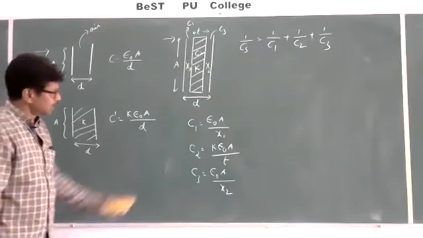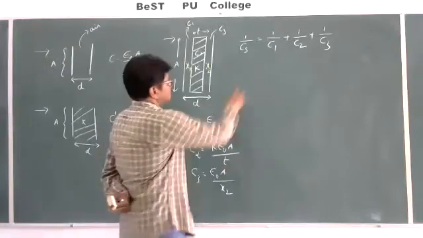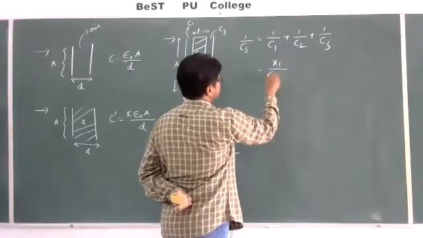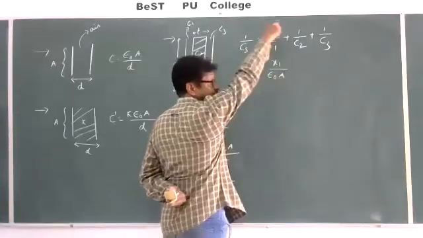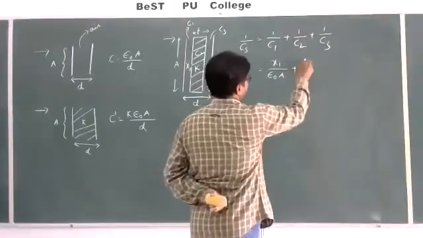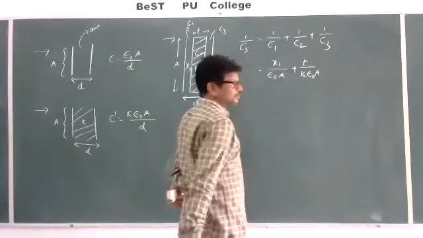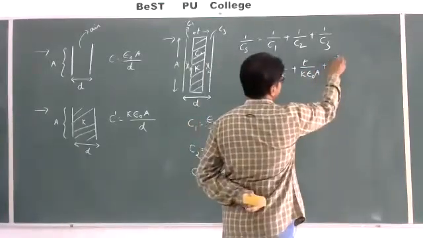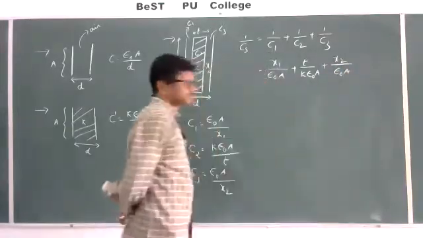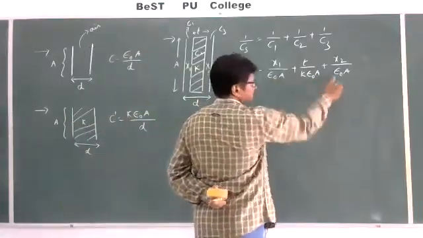Now we substitute these formulas in this equation. If I substitute the C1 value, we get x1 by epsilon naught A, as we take the reciprocals now, plus T by K epsilon naught A plus x2 by epsilon naught A. From all those three, epsilon naught A is common.